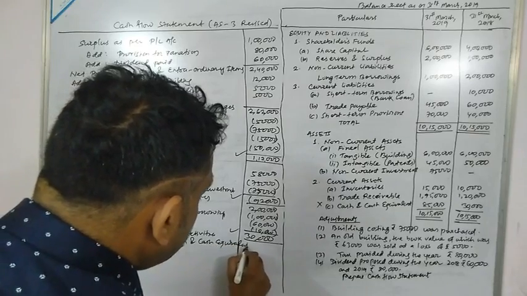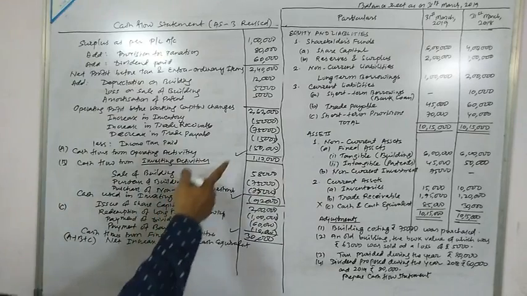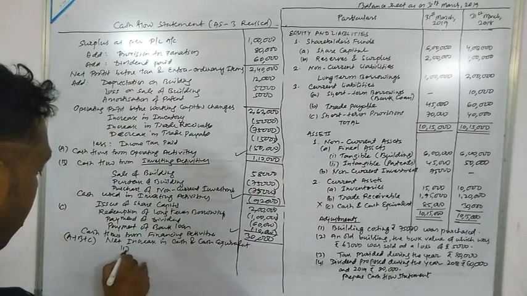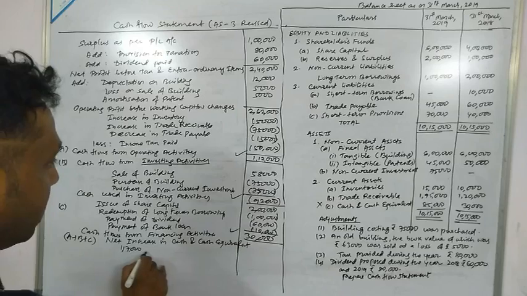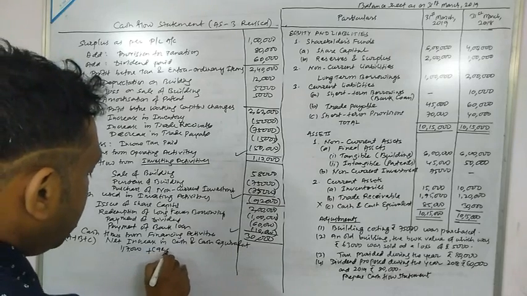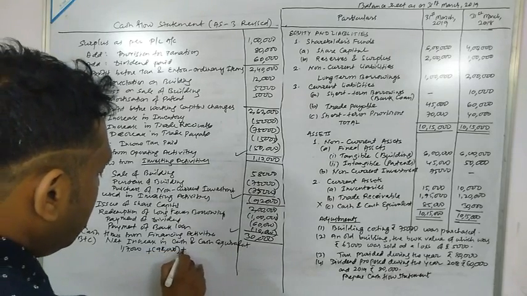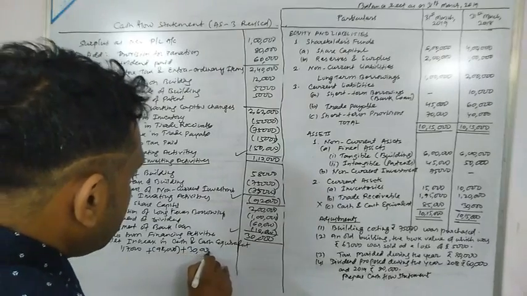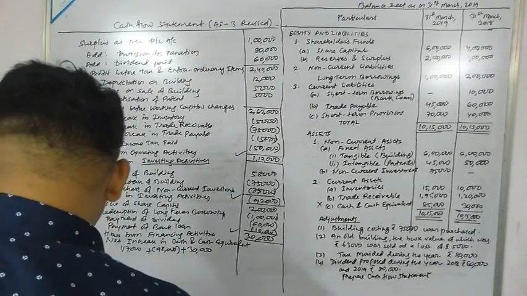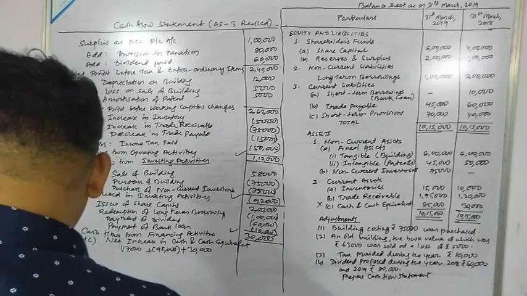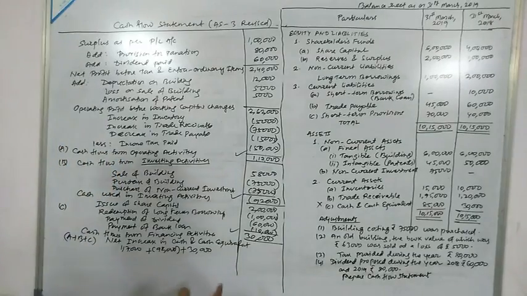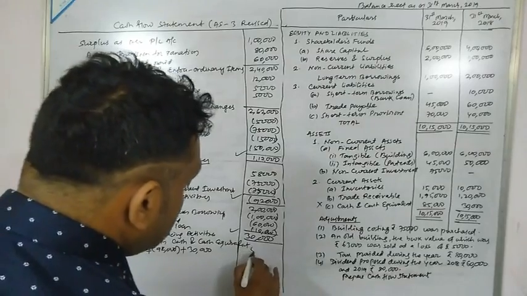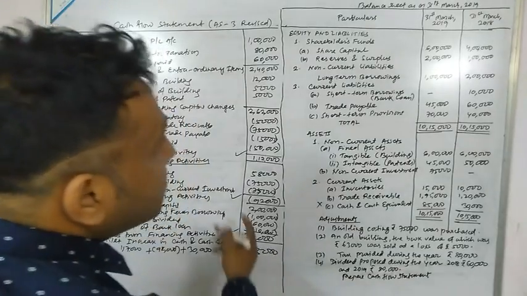So how we will calculate? 1,17,000, ठीक है, प्लस within bracket 92,000, bracket मतलब माइनस होगा वो, प्लस how much? Your 30,000. Okay, so after the calculation, so how much we will get? We will get your 55,000. ठीक है, 55,000 हमको मिला.